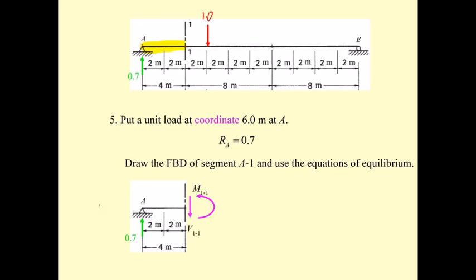So this time is very simple. V1-1 is going to be 0.7, and again, if you take moment here, M1-1 is going to be 0.7 times 4, which is 2.8.